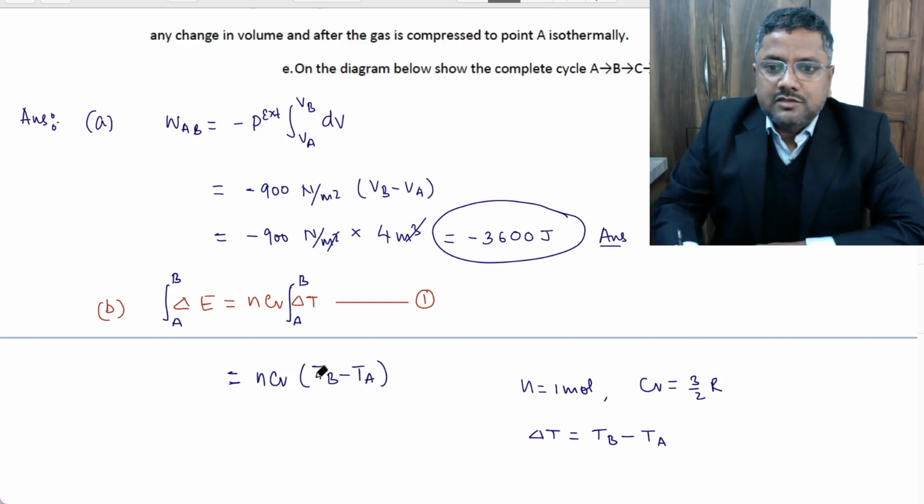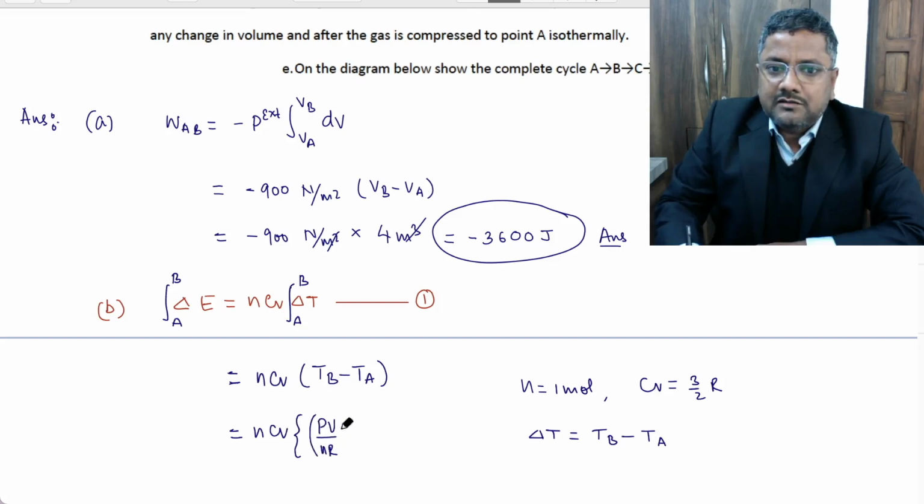In place of T we can write PV by nR for B, minus PV by nR for A, right?